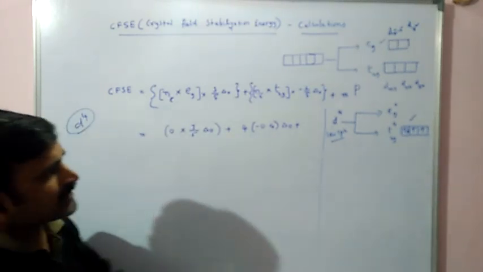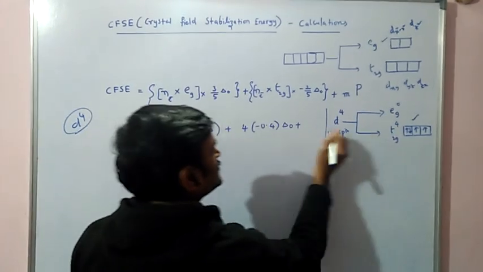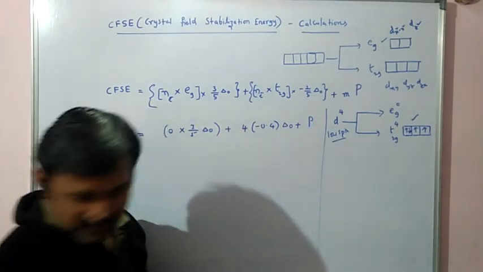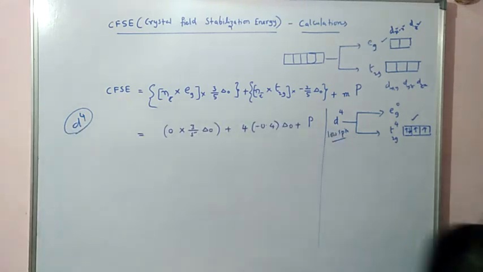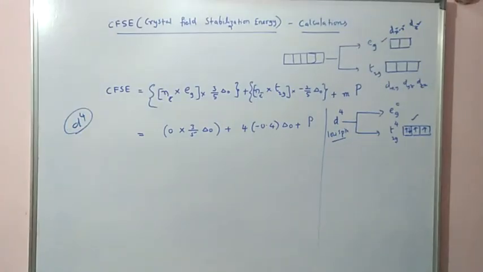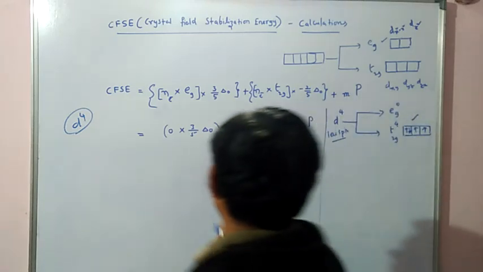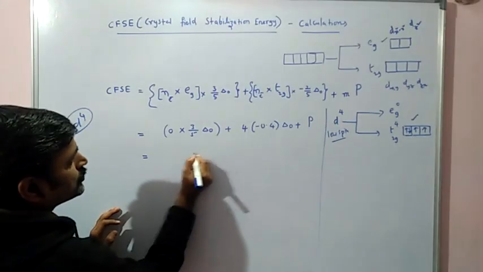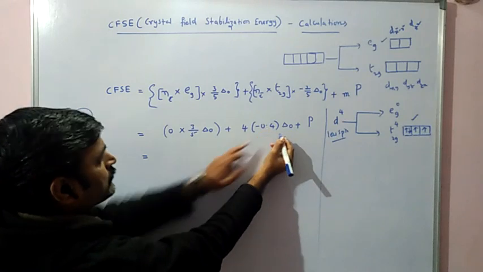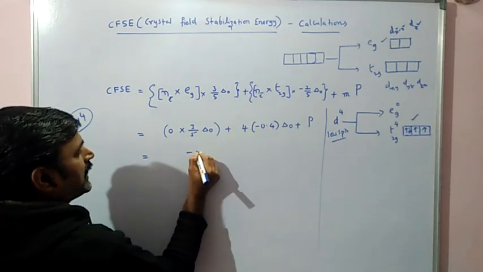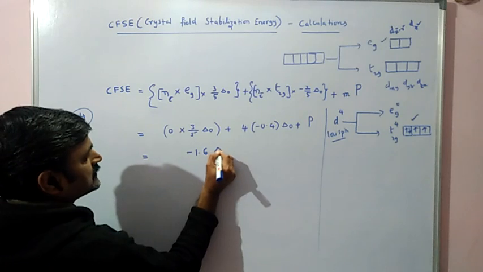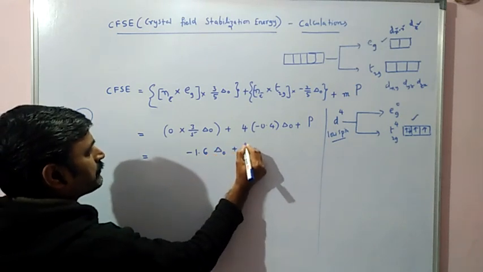One pair is there, so one pair means plus P. So in the low spin complex of d4 configuration, you will get the exact answer. That is 4 into 0.4 is minus 1.6 delta naught plus P.